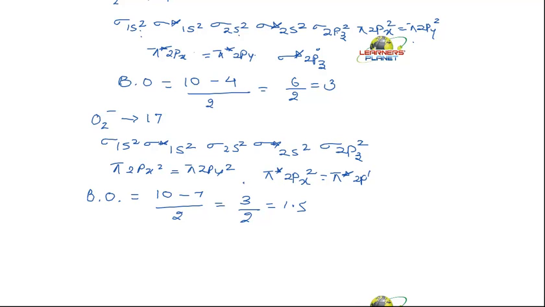So students, do remember one thing here: if you are writing these molecular orbital energy levels up to nitrogen, sigma 2pz comes after pi 2px and pi 2py because of mixing of s and p orbitals. But for oxygen and fluorine, there is no sp mixing, and sigma 2pz comes before pi 2px and pi 2py. What happens in nitrogen and other smaller elements like carbon and boron is that the s and p orbitals are close to each other.